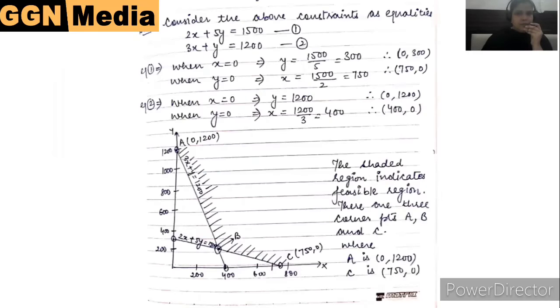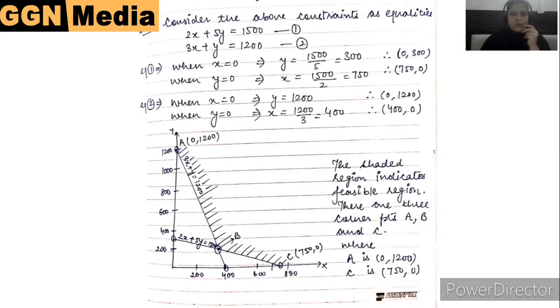Starting with its solution, first I considered both the constraints as equalities so that we may draw it on the graphic paper. The first equation becomes 2x plus 5y is equals to 1500 and the second constraint becomes 3x plus y is equals to 1200.